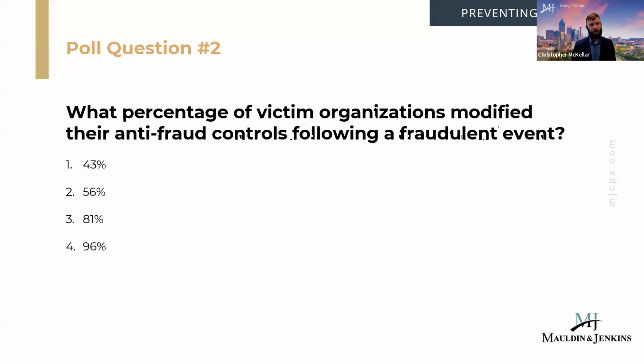All right. So the answer to this one is 81%. I expected this percentage to be much higher after a fraudulent event. But as mentioned in that annual report earlier, they said that 81% of victims put some other controls in place after a fraudulent event.